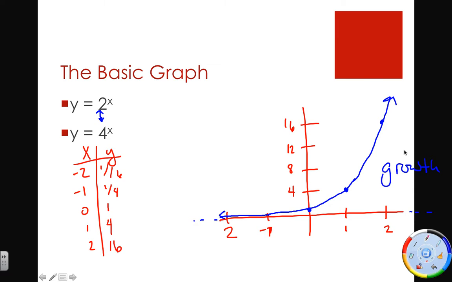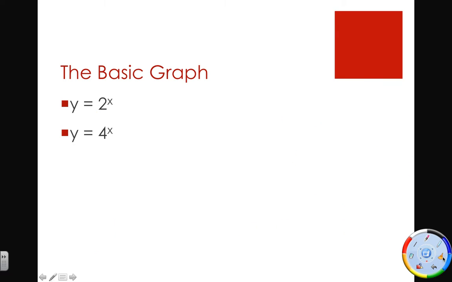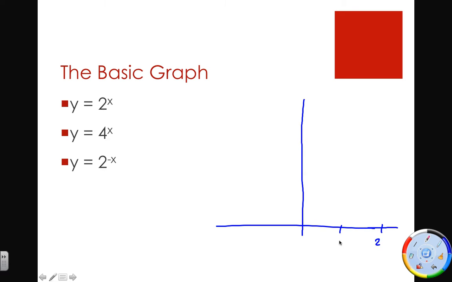That makes it a growth model. So what's going to happen if I do this? 2 to the -x power. So let's see what happens here with this particular function. We make our table. Go -2, -1, 0, 1, and 2.